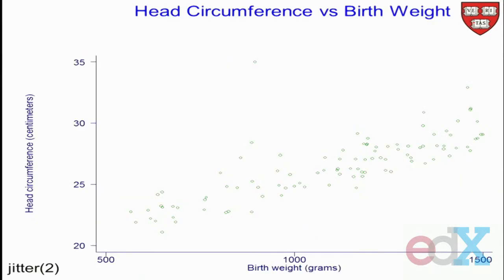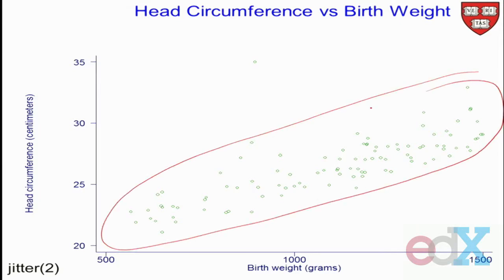And so very simply, here is a plot of the head circumference versus birth weight. So you can see that it looks pretty linear. Okay, so there's a scatter plot. Now, you may have noticed that in the corner, I did what's called a jitter. It's because these observations fall on top of each other.